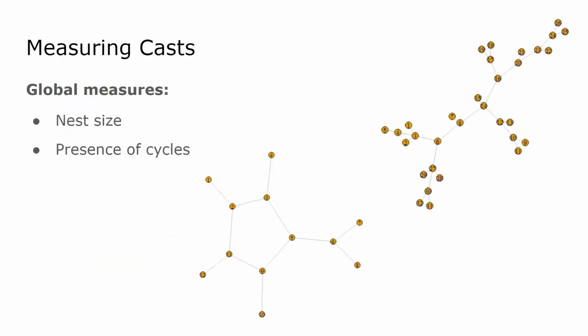So we used nest size as one of our 2 global measures, along with the presence or absence of cycles for each nest, you can see this lower network to the left contains a cycle, whereas the network higher up and to the right does not.